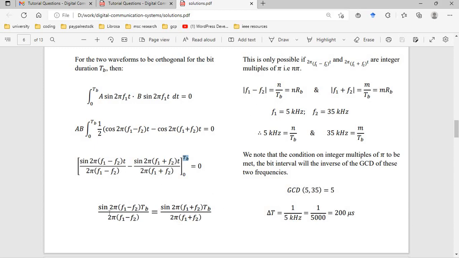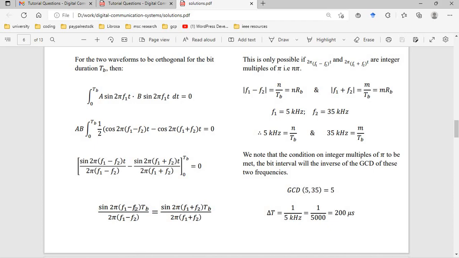So the only way this is possible is that this value 2 pi multiplied by (f1 minus f2) multiplied by t, and 2 pi multiplied by the sum of f1 and f2 t, should be integer multiples of pi. That should be n pi, because we know that if this value is n pi, then the sine of n pi is equal to 0. It's the only way this equation can be satisfied.